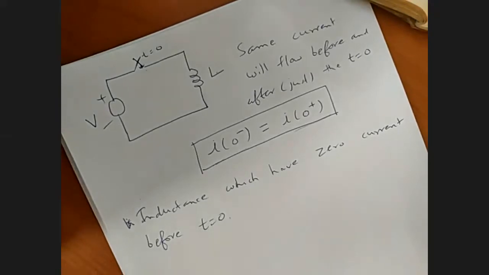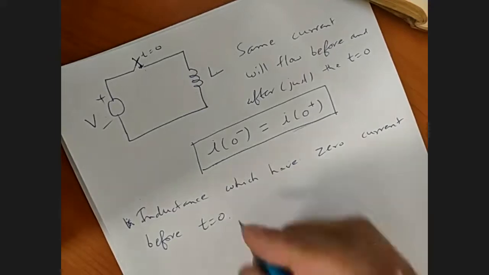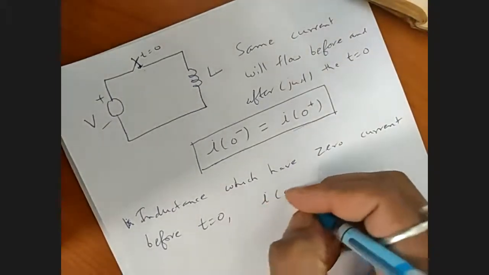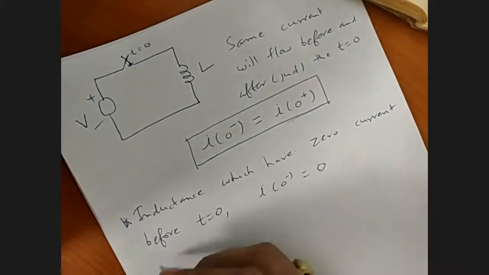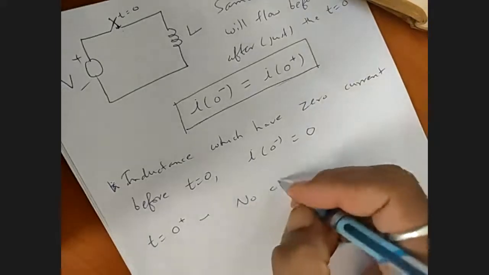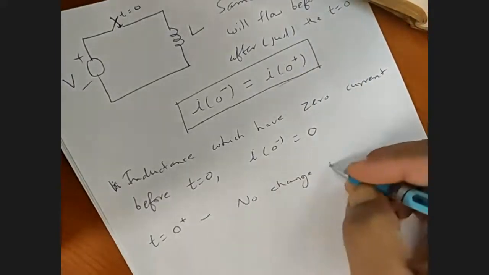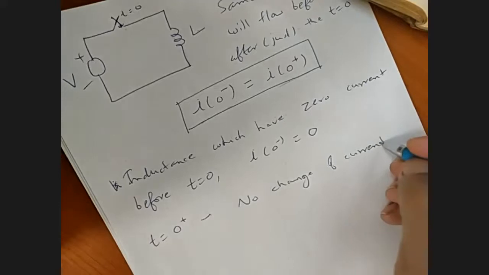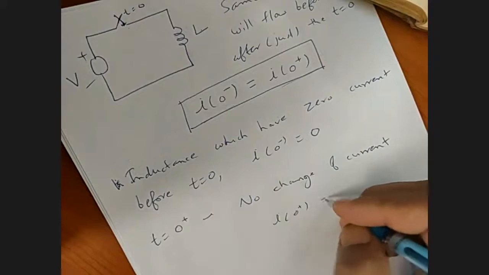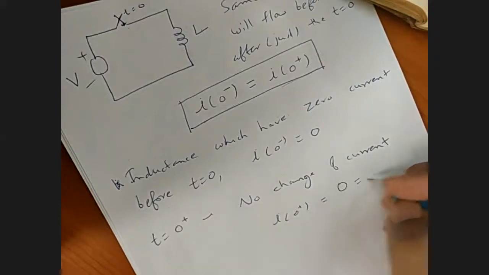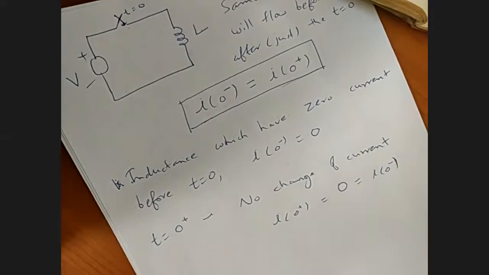Before t equal to 0 we have zero current flowing in the inductance, and that means I0 minus will be equal to 0, and at t equal to 0 plus there is no change of current. That means I0 plus must also be equal to 0, and that is I0 minus.